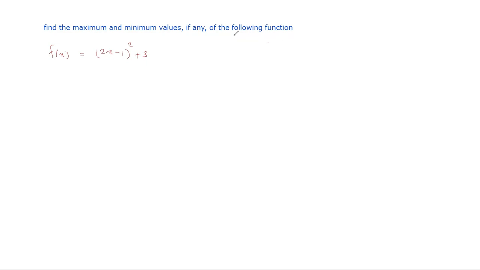Look at the degree of the function. It's a quadratic function. सर मिनिमम है. Minimum है सर. Yeah, it's a quadratic function with the leading coefficient positive because 4x square आएगा.